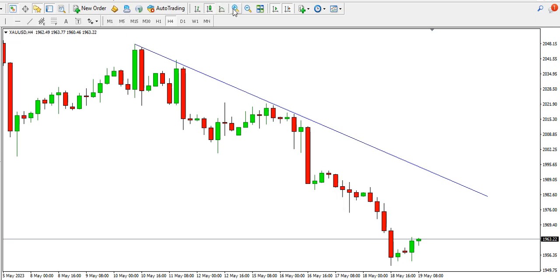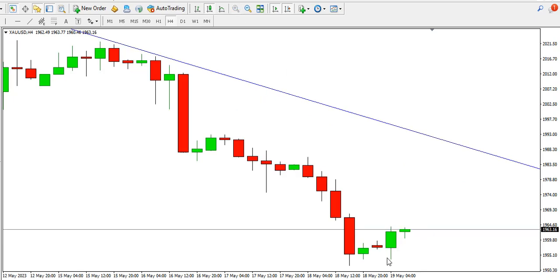But something is happening on the 4-hour time frame. We can see that price is trying to form a bottom. In as much as price tries to form a bottom, let's look at the trend line. You can see that price is already at the first descending trend line.